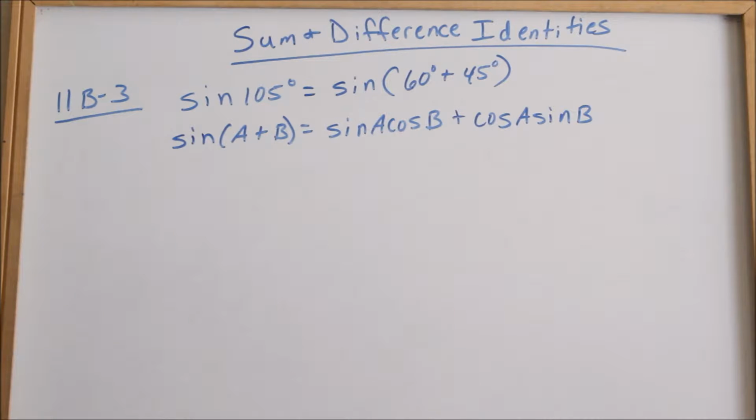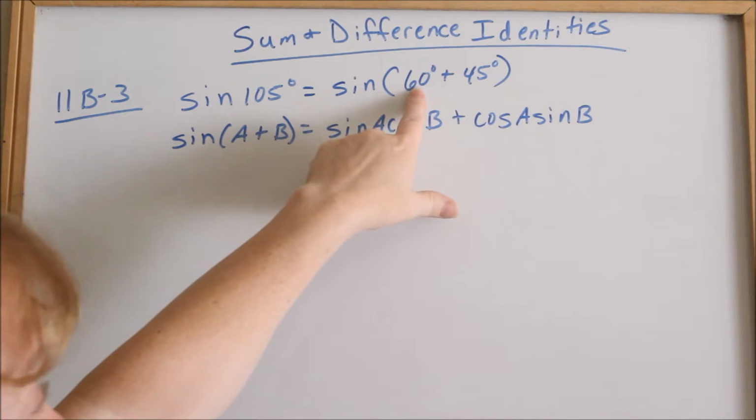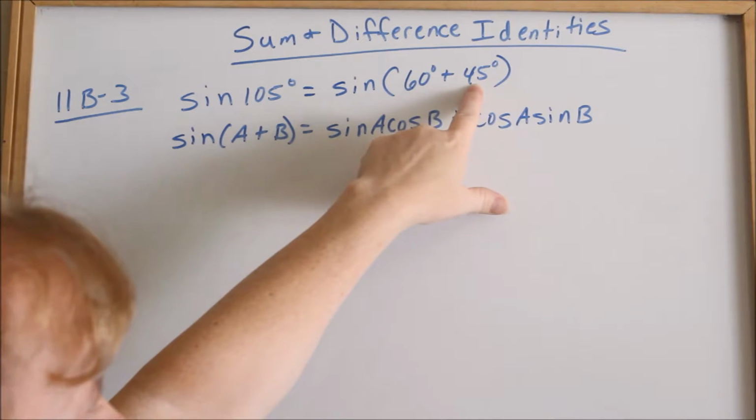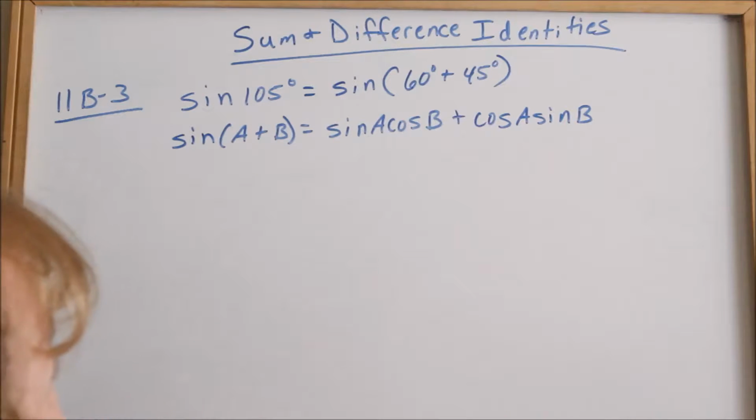That's how that is read. So basically here in our problem, this represents A, this represents angle B.